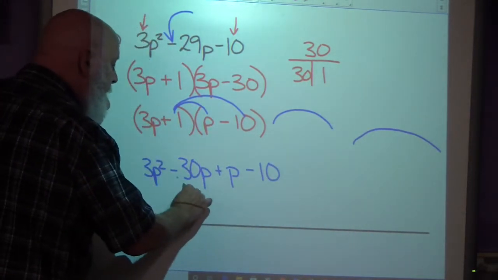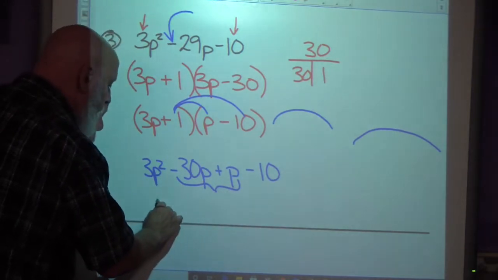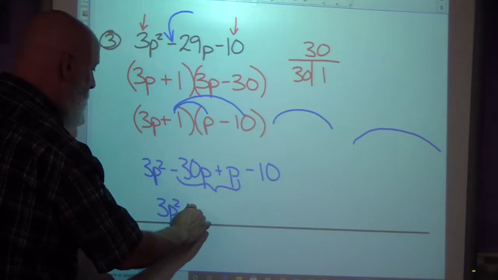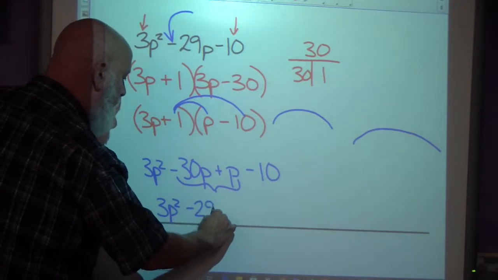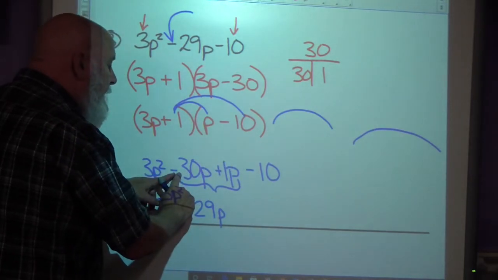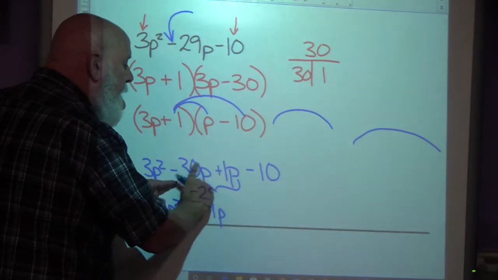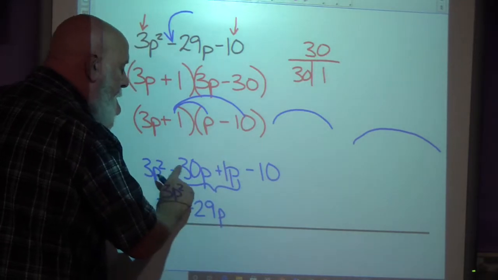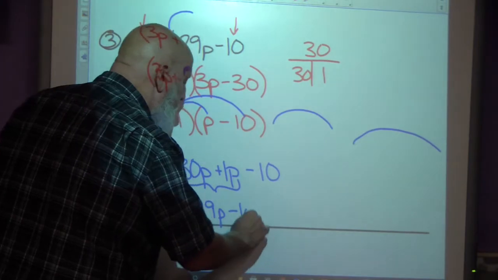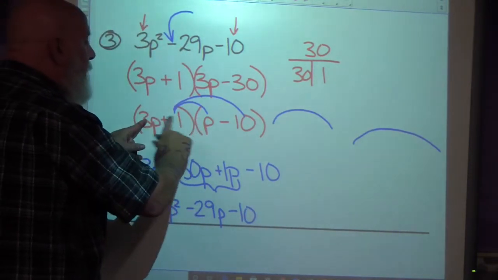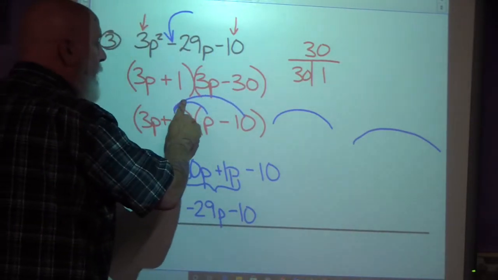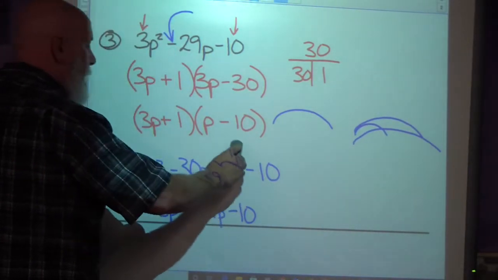And when I combine these like terms, I wind up with 3p squared minus 29p. Because these are different signs, so I subtracted. Negative 30p plus 1p, subtracted 29p, keep the sign of the one with the greater absolute value, and just bring that down. Okay, so these will multiply together to give me this, which tells me that I have factored it correctly. That's the T method.